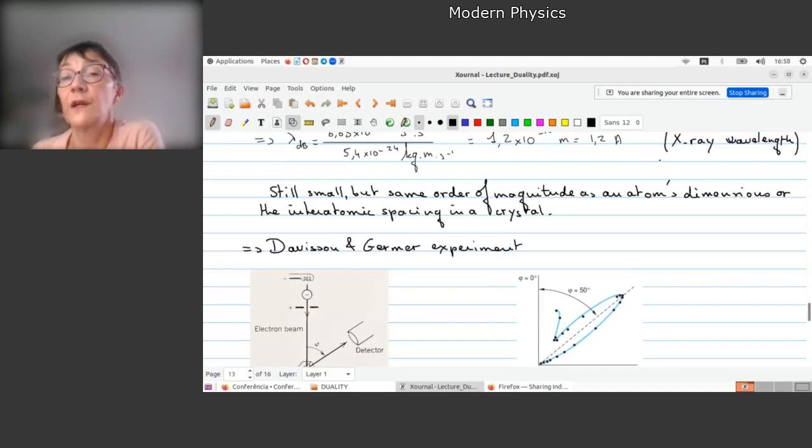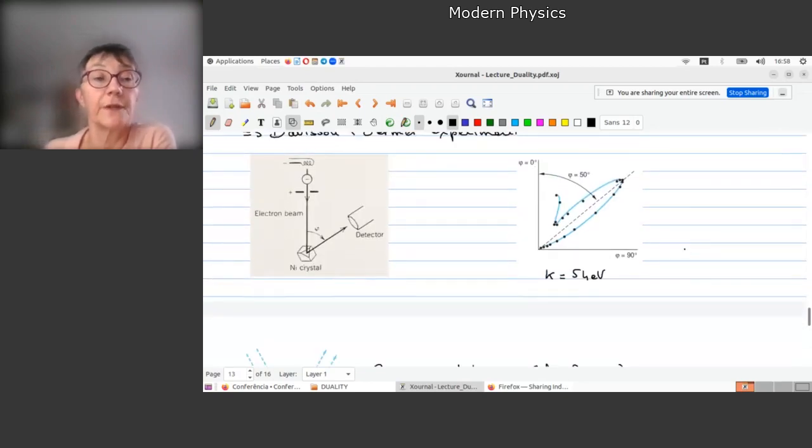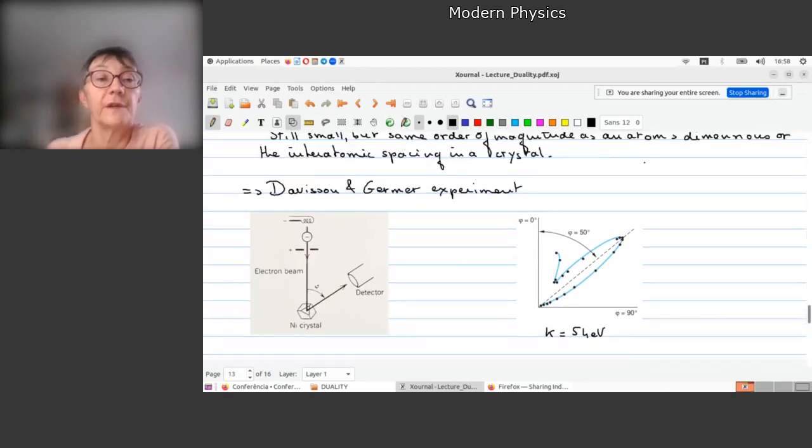They are very energetic, the wavelength is very small, the energy is very, very high, and so you have to have a crystal to diffract them. So this is the apparatus of Davisson and Germer. They did this experiment.